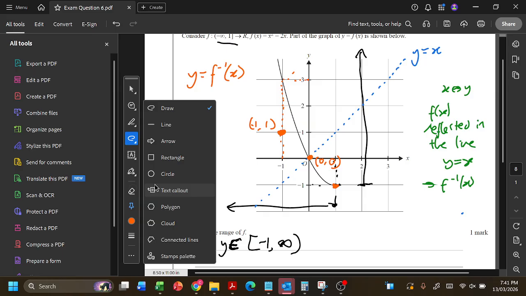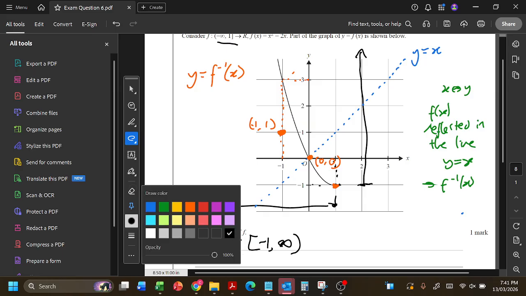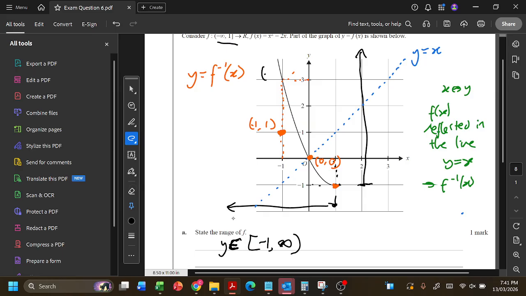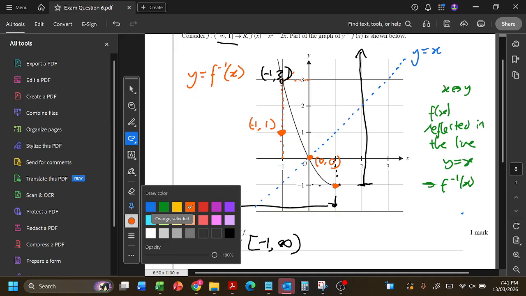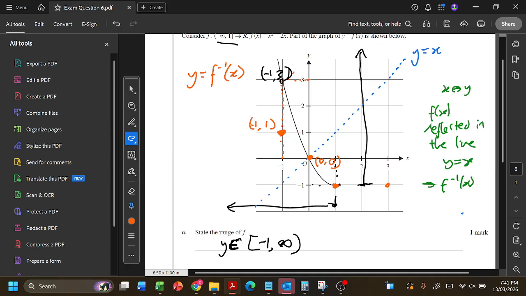So let's say we were to look at this point up here. That point has the coordinate negative 1, 3. That's that point there. And again, for the orange graph, the resulting point is going to be just basically flip those two values. So it's going to be 3, negative 1, which is over here. So that's the point 3, negative 1.